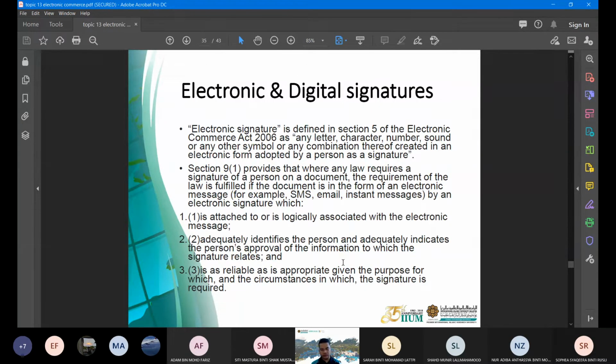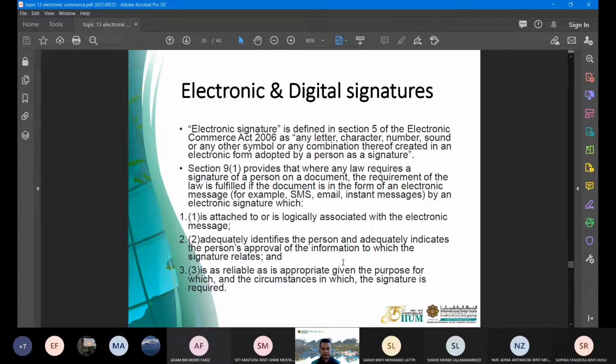So now we want to talk about electronic and digital signatures. E-Commerce Act Section 5 defines electronic signature. It means any letters, characters, numbers, sounds, or any symbols. Meaning any sort of symbol can become a signature. It is a valid signature.